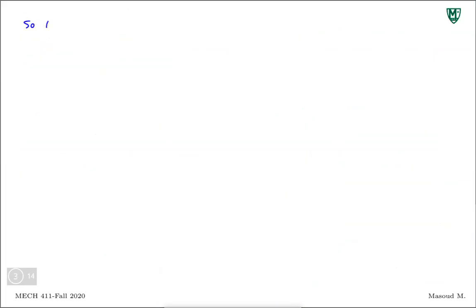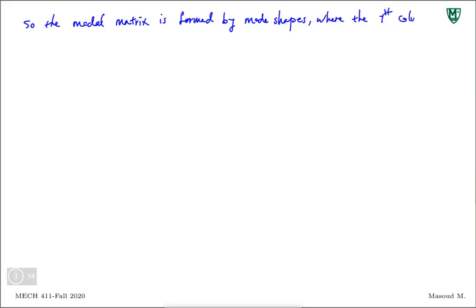So the modal matrix is formed by mode shapes, or eigenvectors, where the first column is the first mode, and the second column is the second mode.